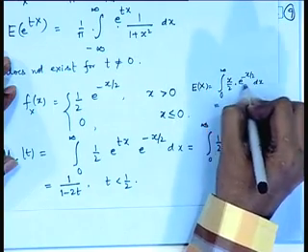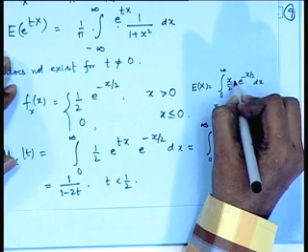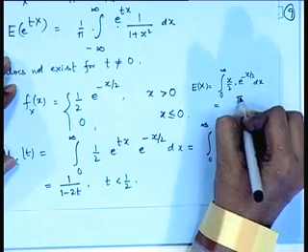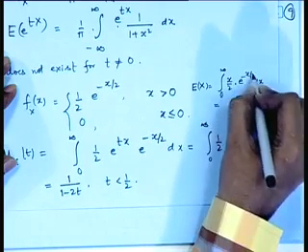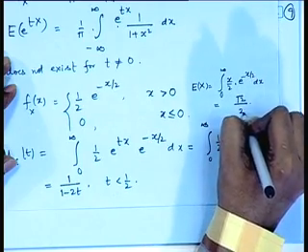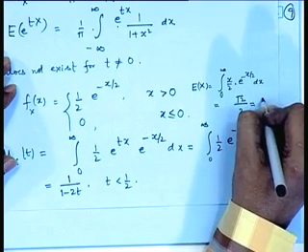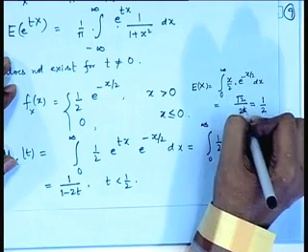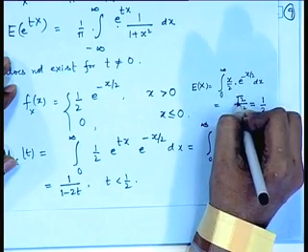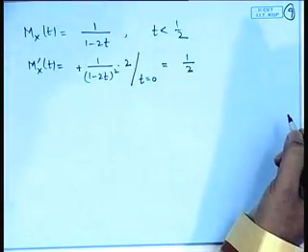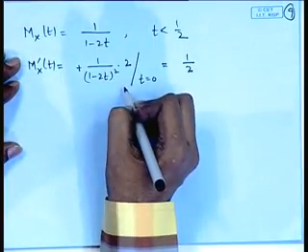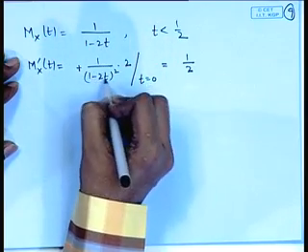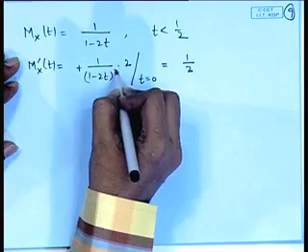So, if we integrate this by parts or if we use the gamma function, then it is gamma 2 divided by 1 by 2 square, so you will get 2.